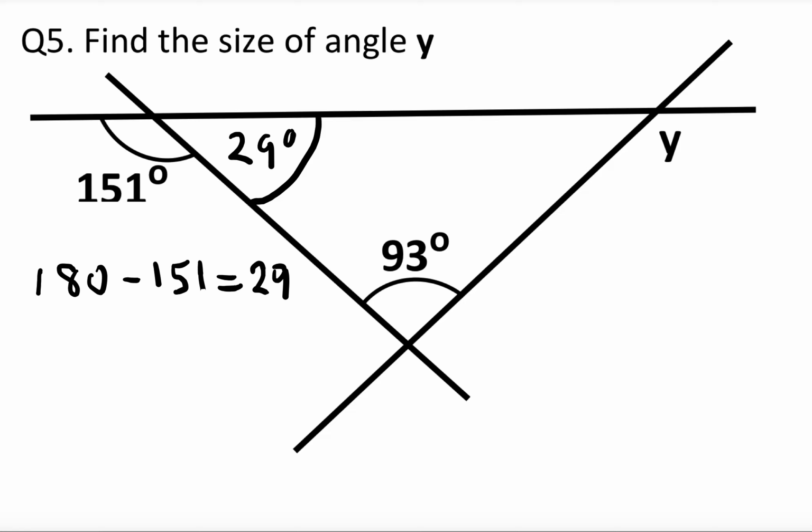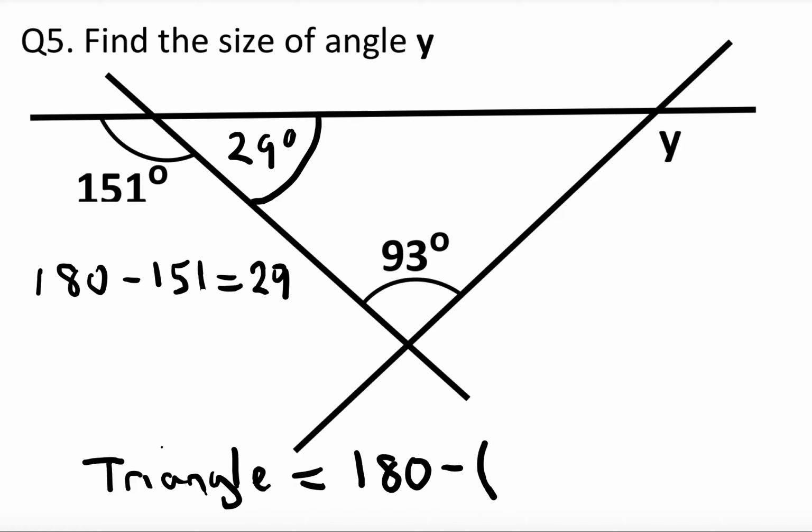So we've got the triangle in the middle there. I'm going to write this down the bottom here. I'm going to put the triangle equals 180 minus, so we've got the 93 plus the 29.